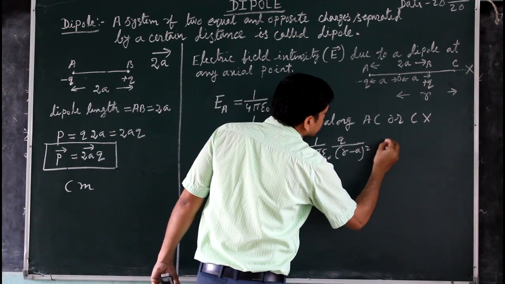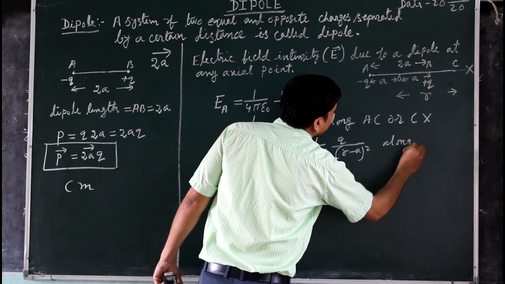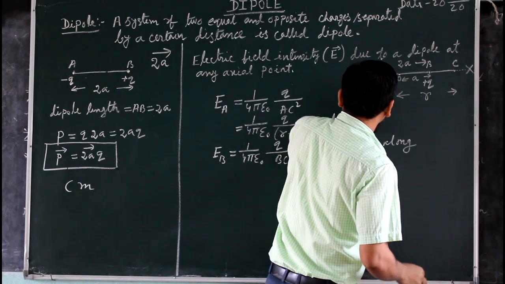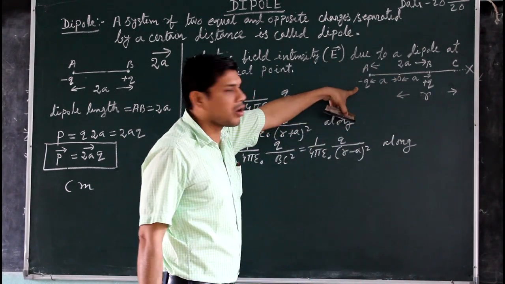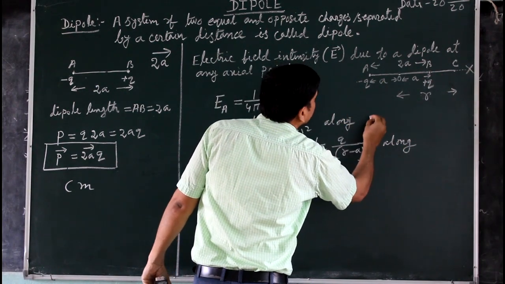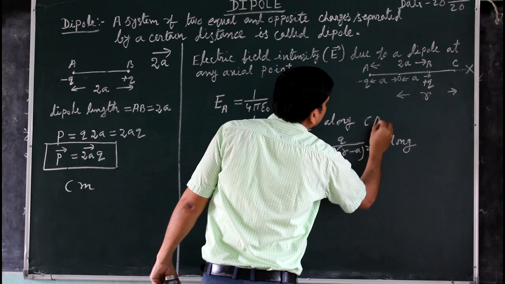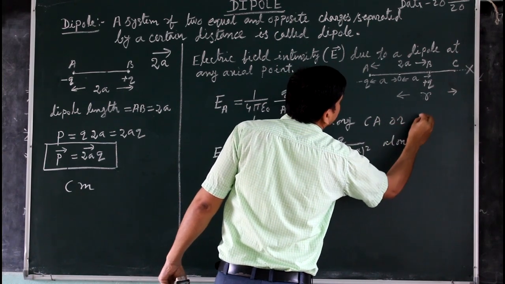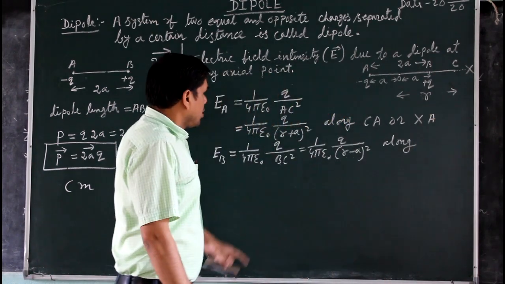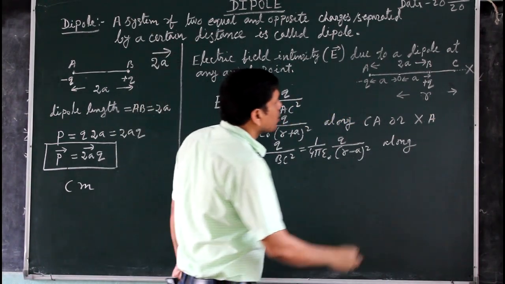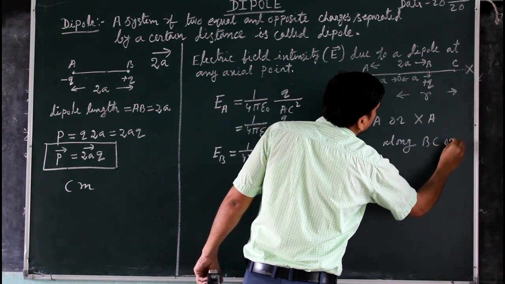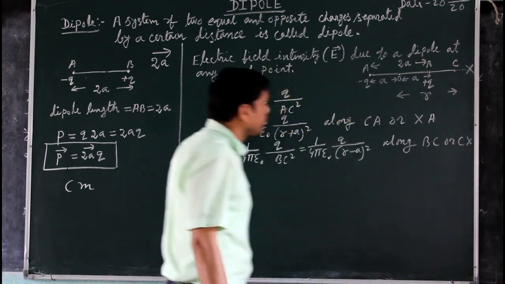Its direction is along, here sign of q is minus, so it is along this direction. It means CA or XA. And here EB, it is along this direction, BC or CX. Okay?